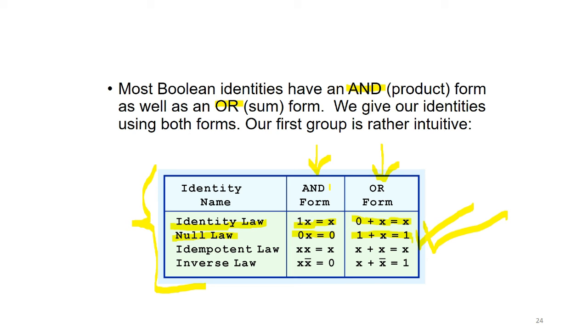Try to think about this one. 1 and then plus x. Are we supposed to get 1 in this case? If yes, why should we write this? Why not something else?